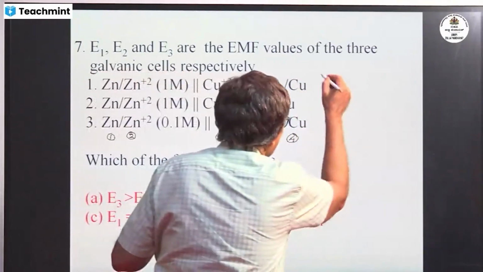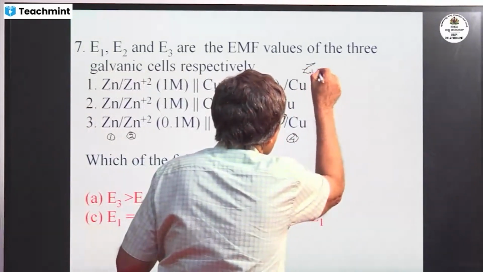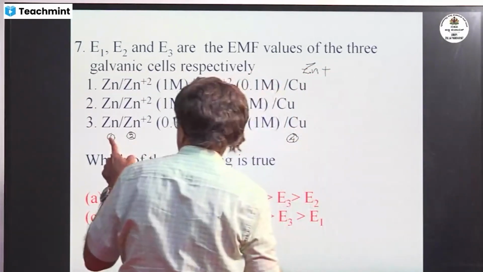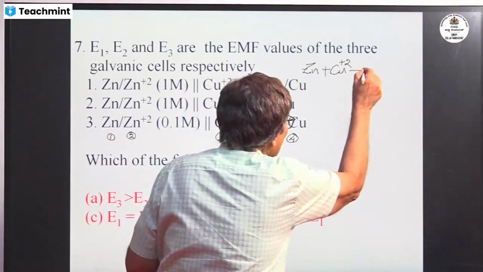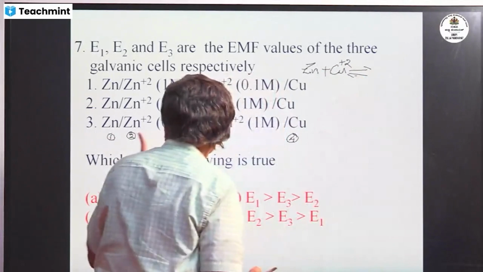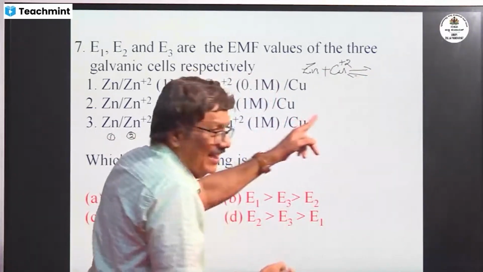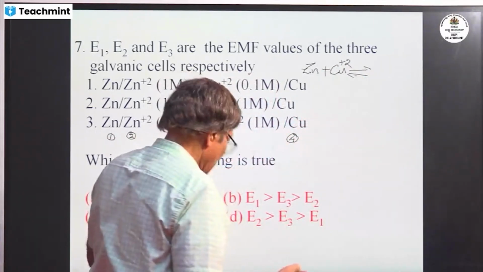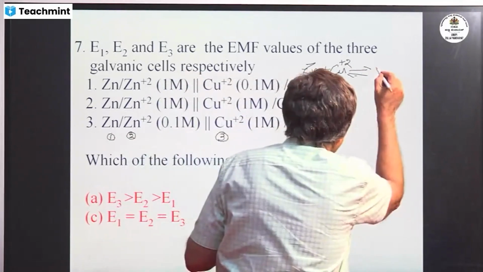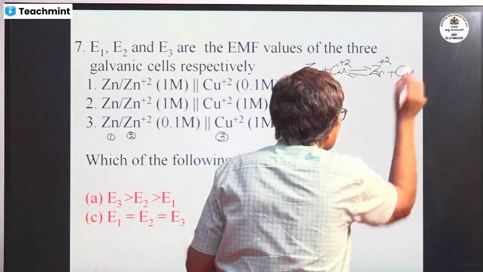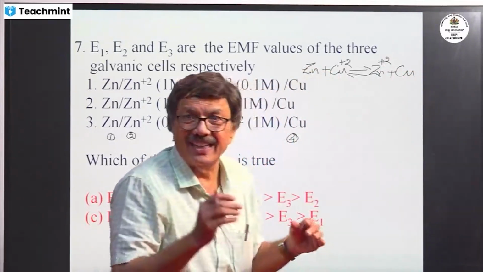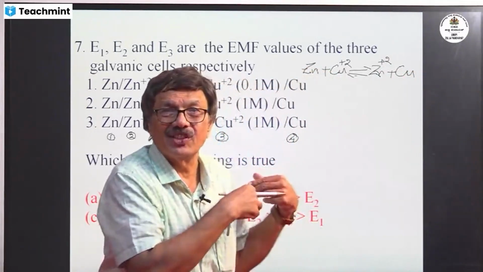What is 1, 3? Zn plus Cu2+ gives, right, 1, 3. Then 2, 4 means Zn2+ plus Cu. This is a simple trick to write the reaction if the cell is given.